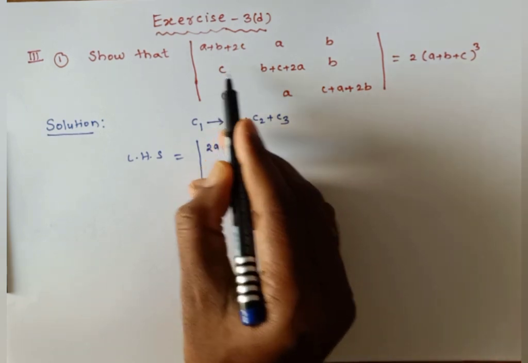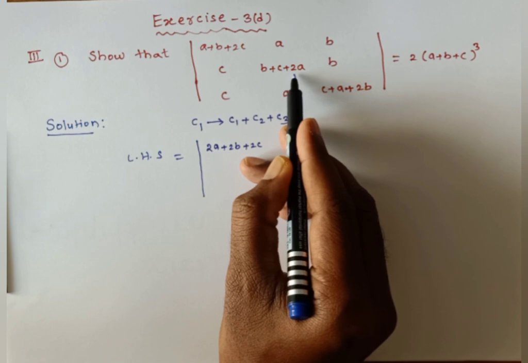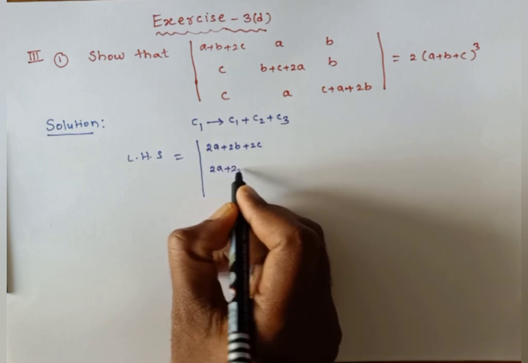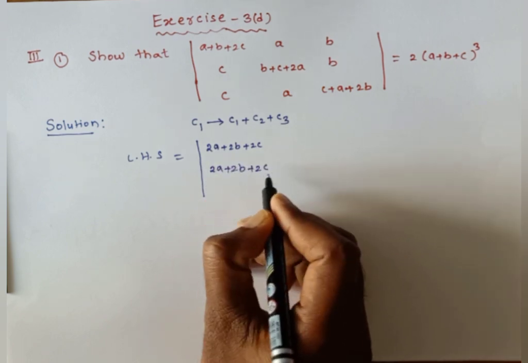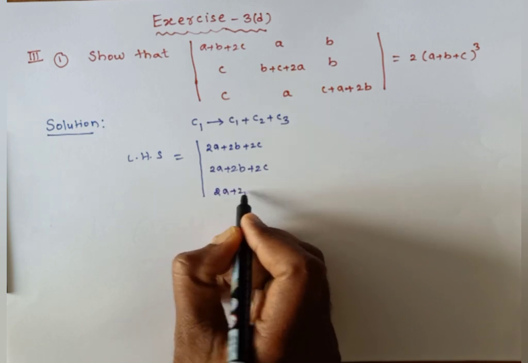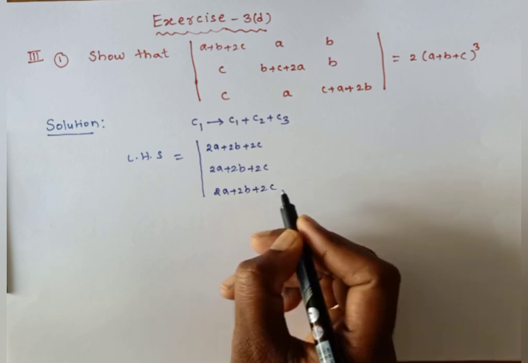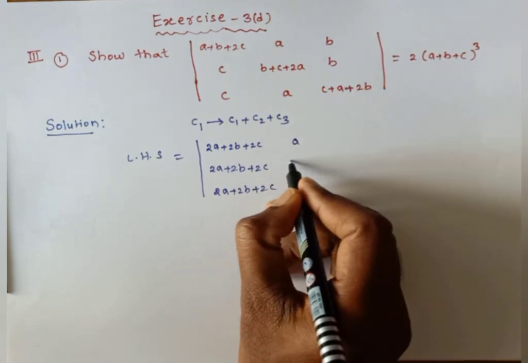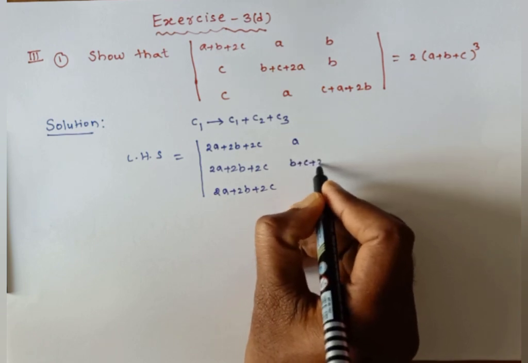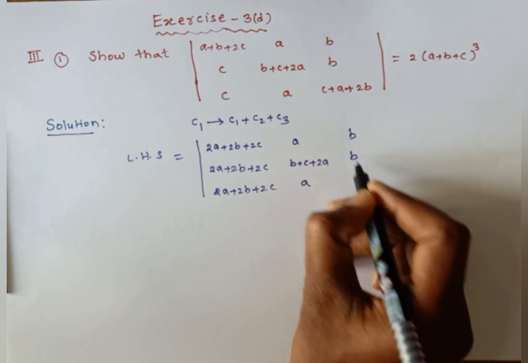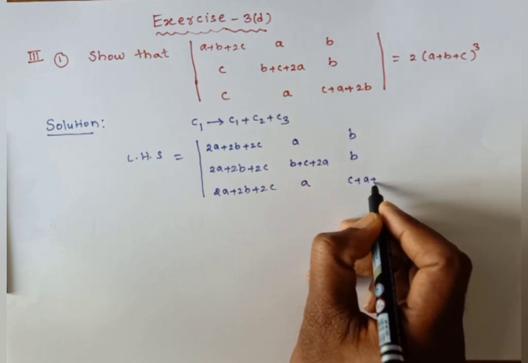In the same way, c plus b plus c plus 2a plus b is again 2a plus 2b plus 2c. Similarly the third element is also 2a plus 2b plus 2c. There is no change in the second column and third column, so these two are as they are, and this is b, c, plus a plus 2b.